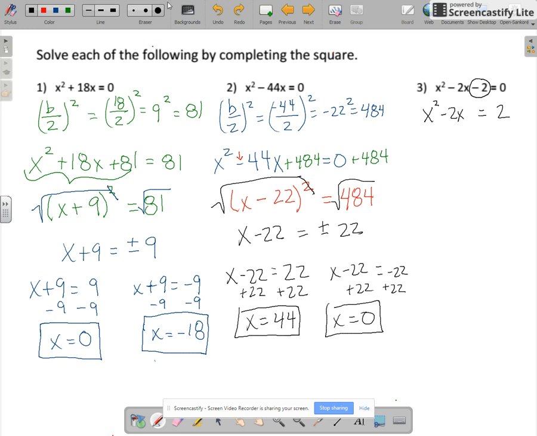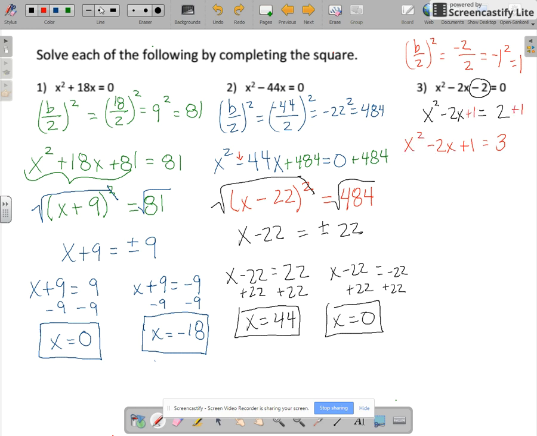Now we need to find our b divided by 2 quantity squared. We have negative 2 divided by 2, which is negative 1. Negative 1 squared is 1. So we'll add 1 to both sides, plus 1 is equal to 3.